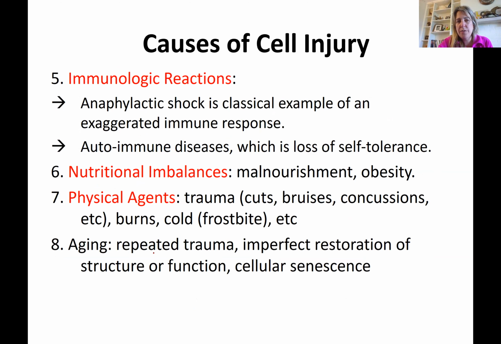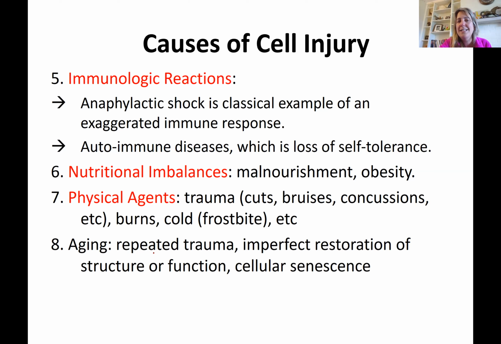Other causes of cell injury: immunologic reactions, such as high allergy or autoimmune diseases, or for example, anaphylactic shock, which is a dysregulated allergic reaction, an exaggerated immune response to an allergen. That can lead to cell death, and it can actually lead to death itself. Autoimmune disease, which is a loss of self-tolerance. We talked about a little bit, but rheumatoid arthritis, lupus, celiac disease, these are all autoimmune disorders where the body starts to attack its own self.